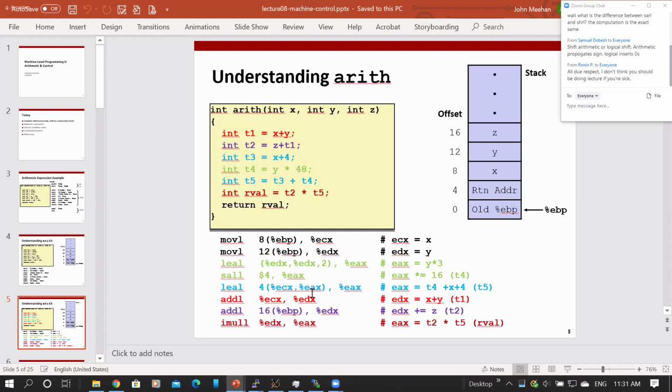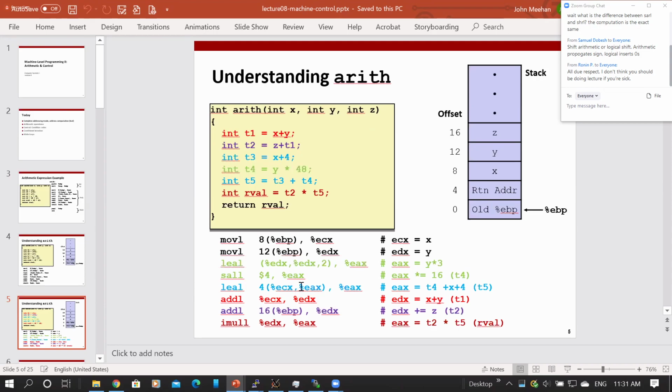So if we take the EAX register and we add it to the ECX register that has X in it, and then we add 4 to that, we will have done this X plus 4, and we will have done the result of that added to the Y times 48.